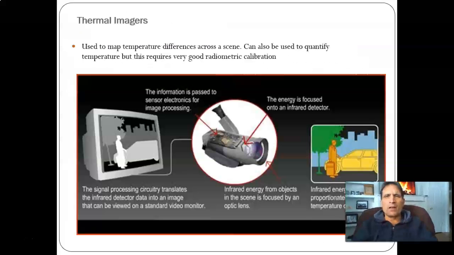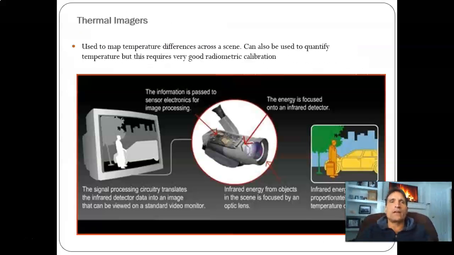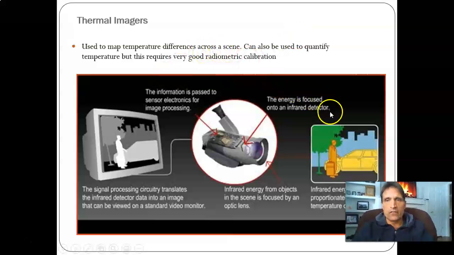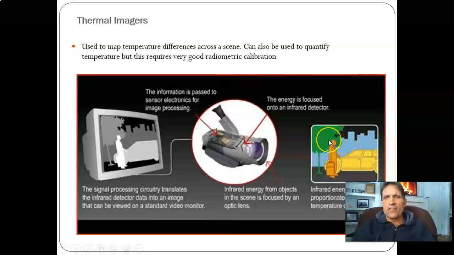Here's some example of a thermal imager. And these are used to map temperature differences across a scene. So here you have a scene. You have some guy getting into his car, trees in the background and the buildings. And each part of the scene could be at a slightly different or significantly different temperature.